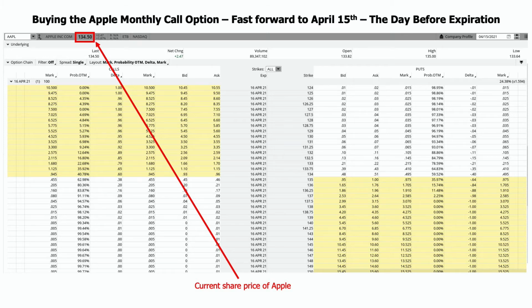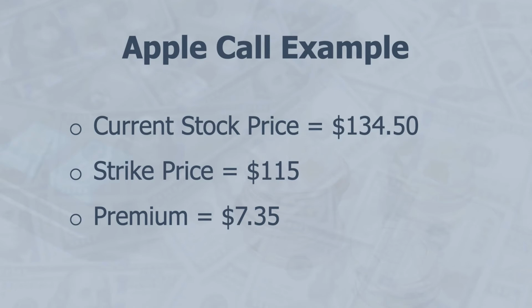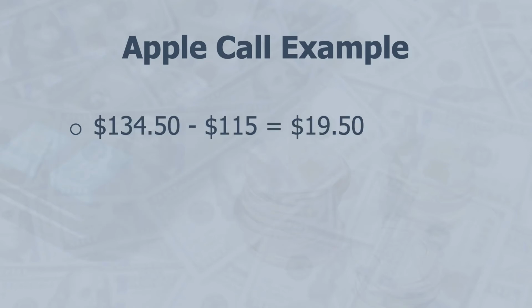Let's take a look at the profit we're going to make from that particular options contract. The current stock price is 134.5, the strike price that we got was 115, and the premium we paid was $7.35. We take the current price of 134.5 and minus the 115, which gives us 19.50, on a per share basis.